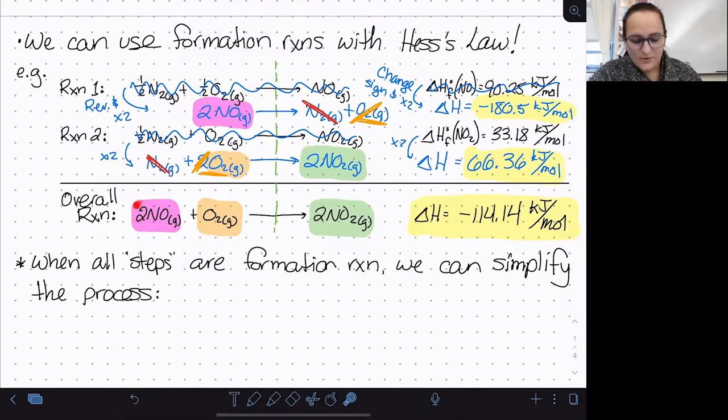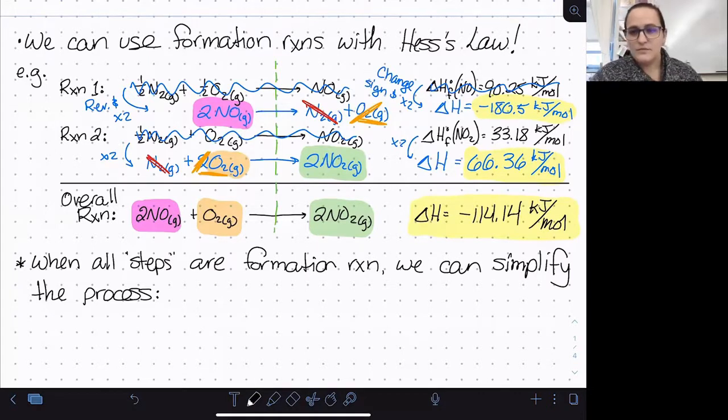Whatever my coefficient is for that thing, I end up multiplying by that coefficient. So let's use this one as an example: because there's only 1 mole of NO2 produced, I have a coefficient of 2, and I have to multiply by that coefficient for that formation reaction. So we can standardize this into a single formula because all of our formation reactions have so much in common.